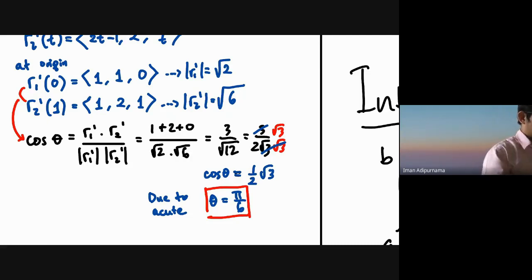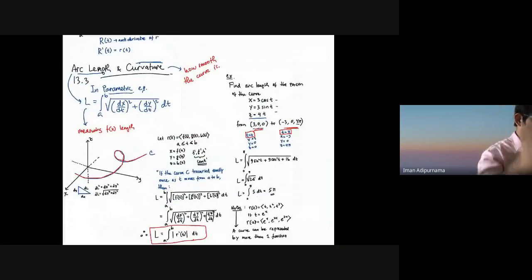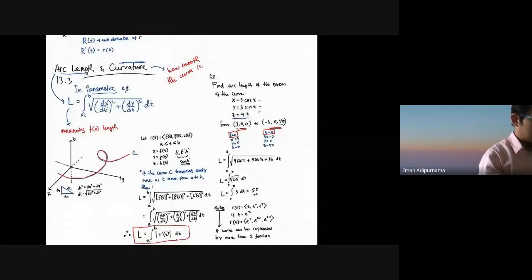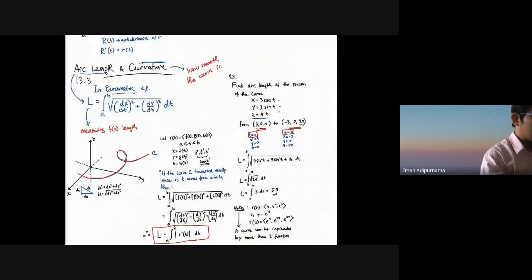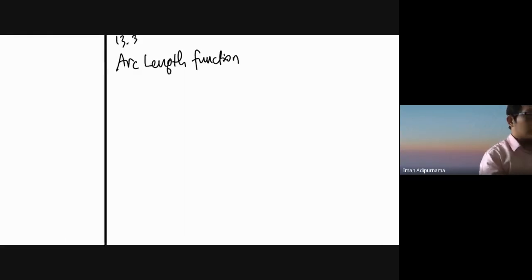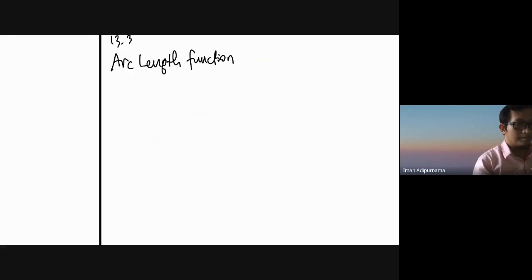If there are no questions, let me move to 13.3, what we have done here. We already arrived at the arc length. Now let me continue from this arc length to the arc length function.